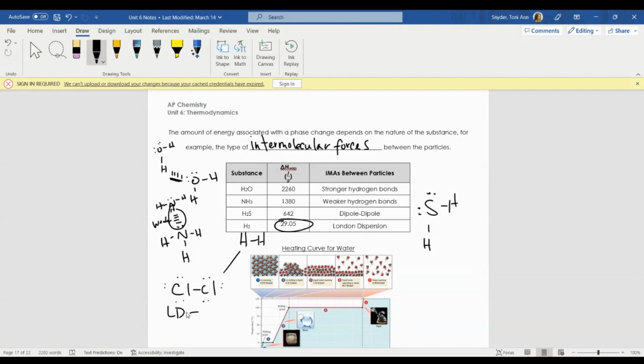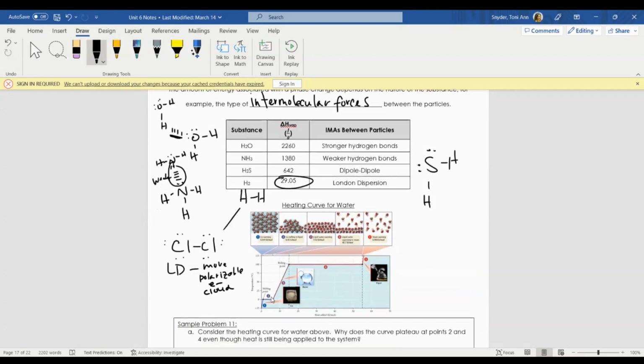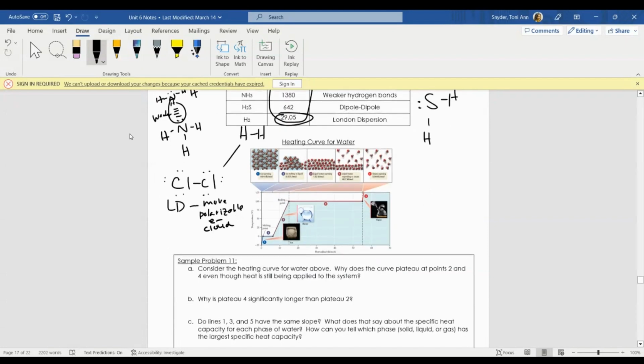Remember the phrase that we use? What do we say? This has a more polarizable electron cloud. That's because it has more electrons. Diatomic chlorine, one side of this could be more negative than the other side. That's kind of like a throwback to Unit 3. Anyway, there are different values for enthalpy of vaporization. That's what I wanted us to get from that. And it all comes down to intermolecular forces.